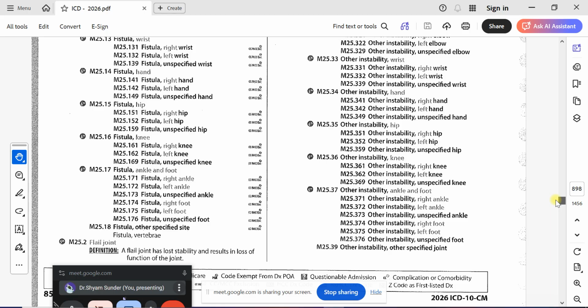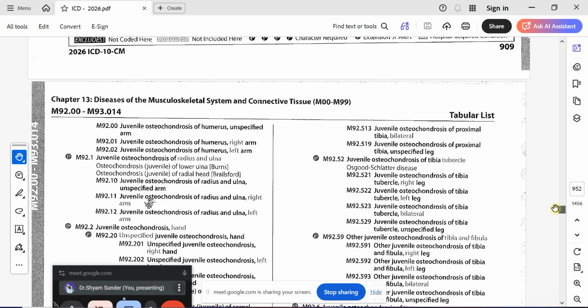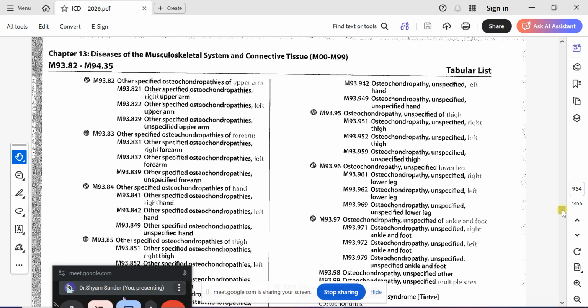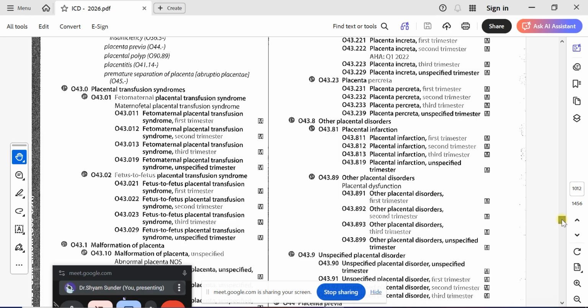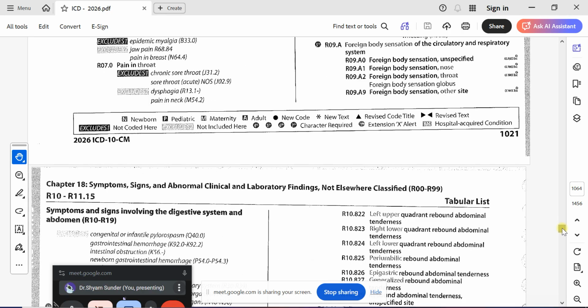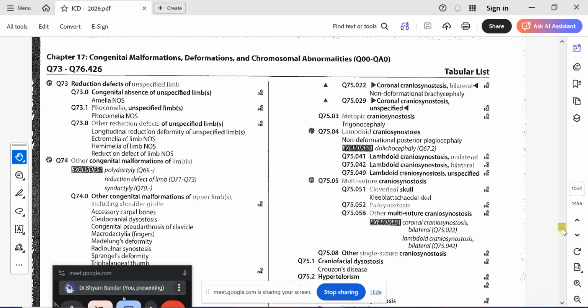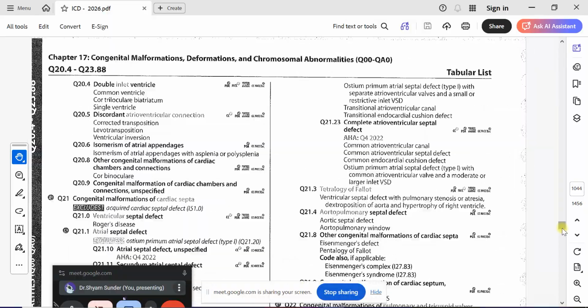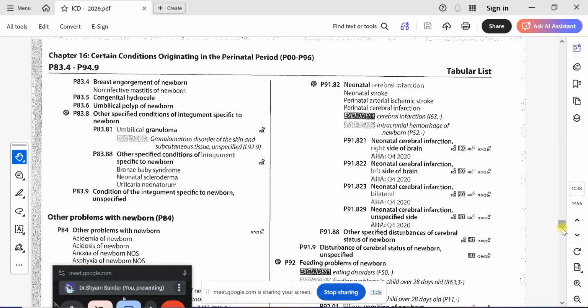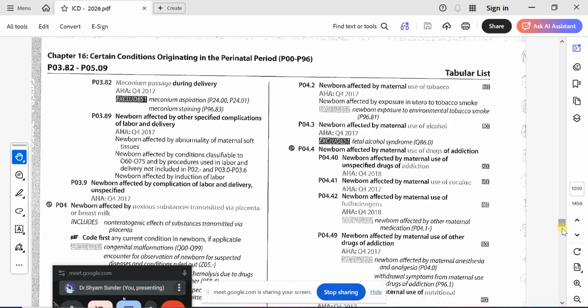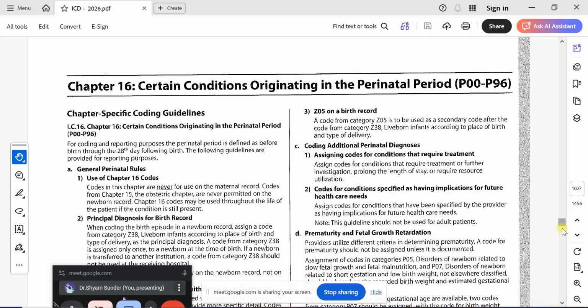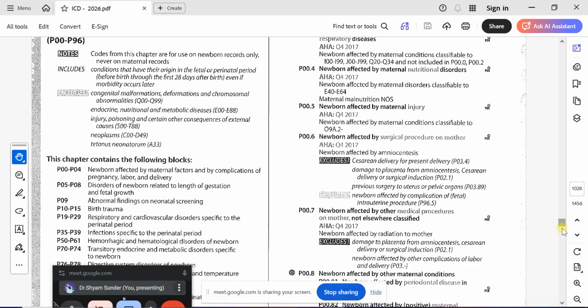These are a few things you'll observe immediately after birth, but anytime after birth a baby may develop complications related to any organ system, from skin to musculoskeletal, respiratory, cardiology. We have codes classified according to the organ system.